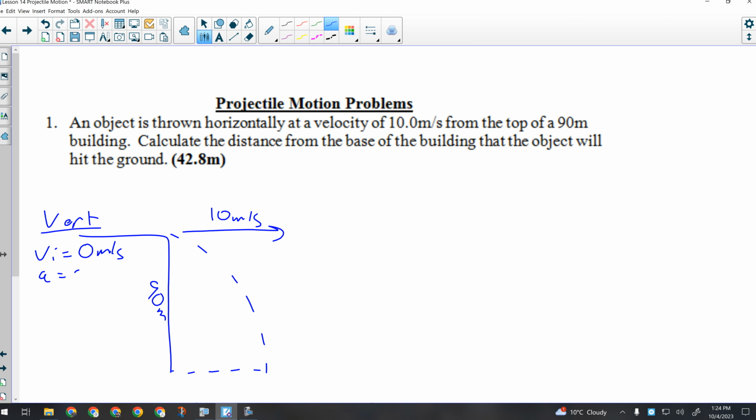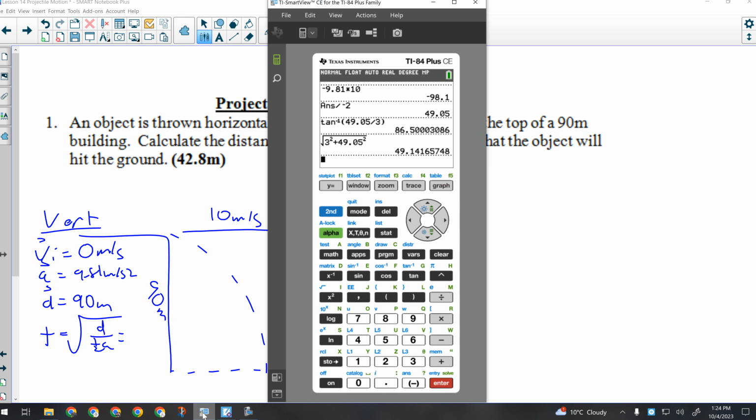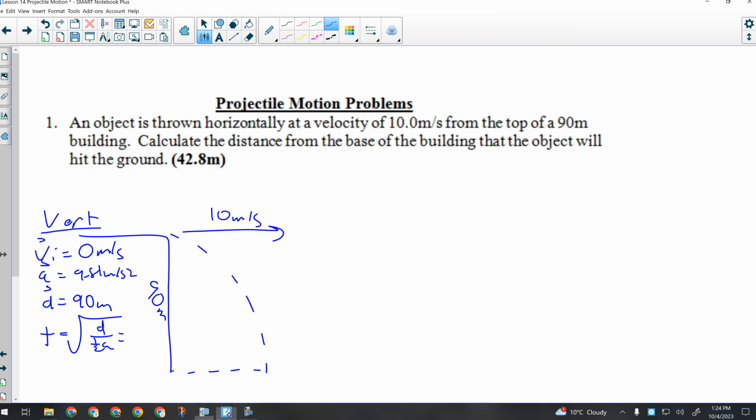The acceleration is 9.81 meters per second squared, the displacement is 90 meters, and we can calculate time, square root of d over half of a. So we know the time is 4.3 seconds.